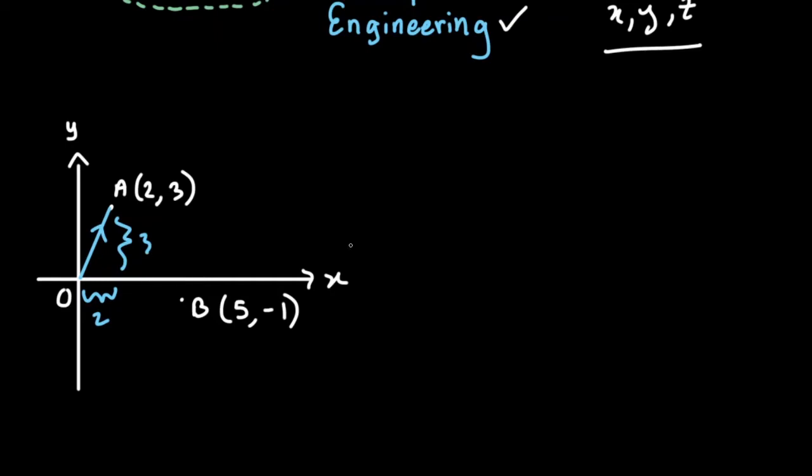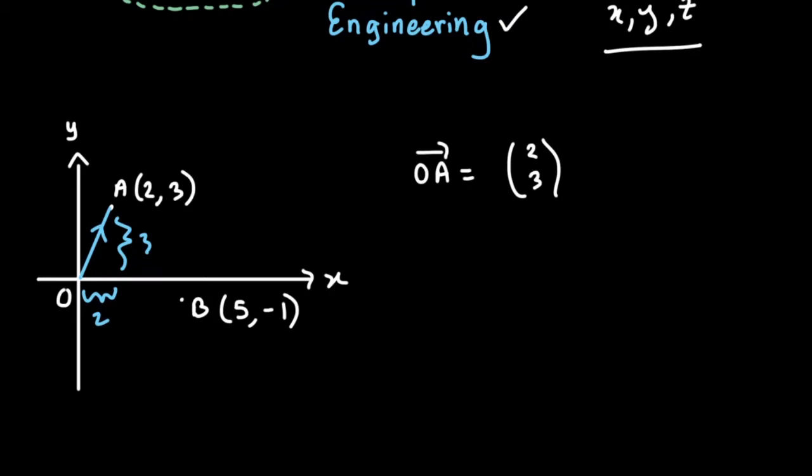This actually can be represented in vector form. In the vector form, OA is equal to (2, 3). This 2 represents the number of units needed to go in the positive x direction, and this 3, in the lower row, shows how many units are needed to go in the positive y direction.